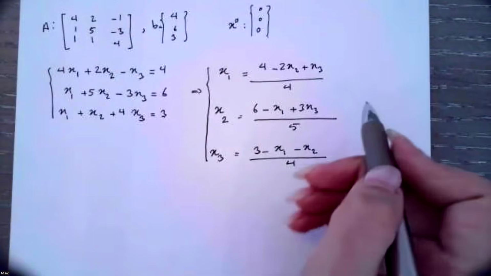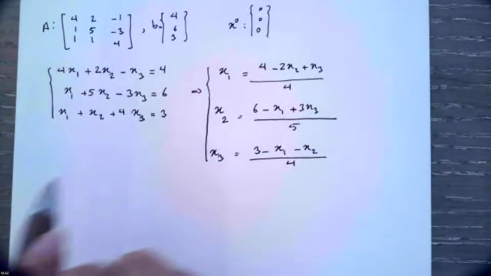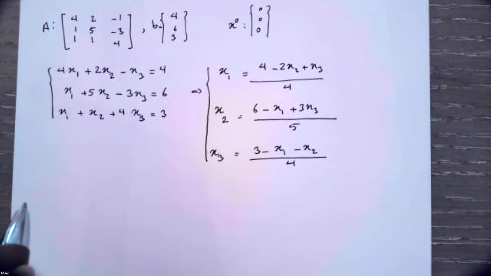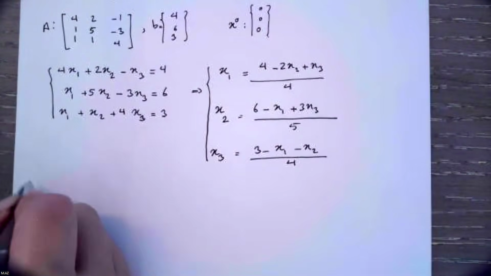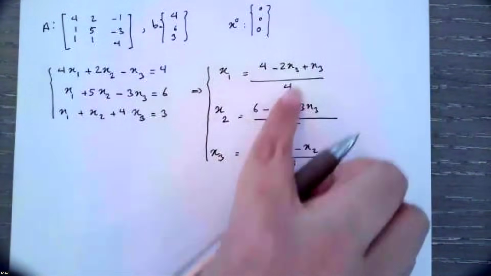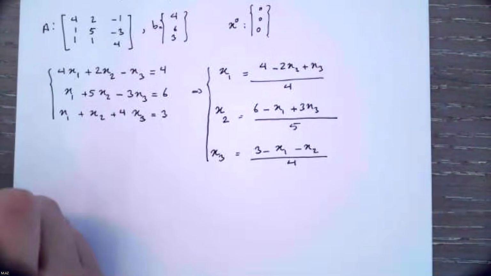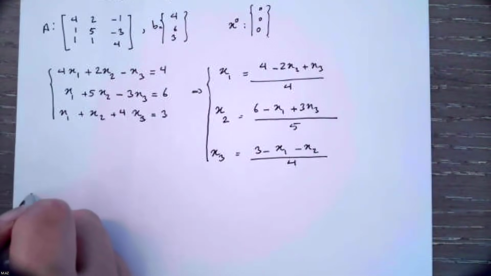First we have to find the value of the x1 after one iteration. We plug the initial guess into these three rearrangements.